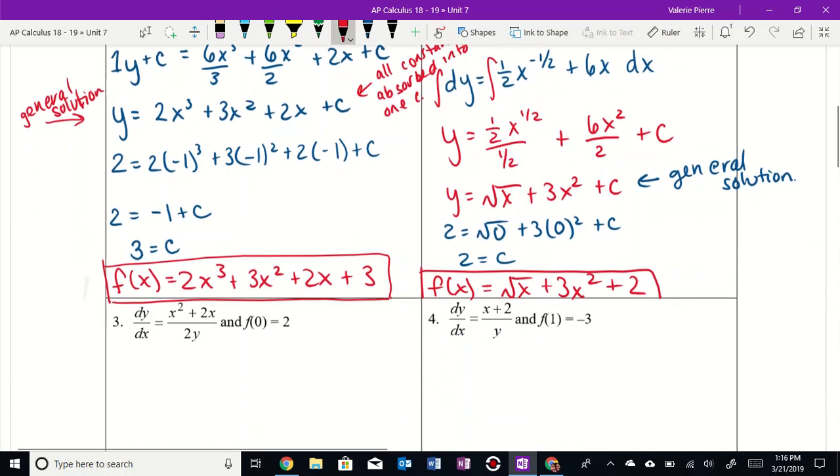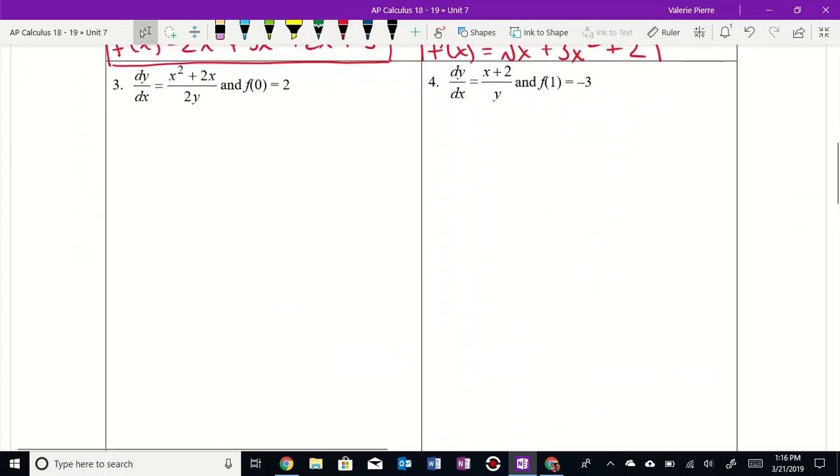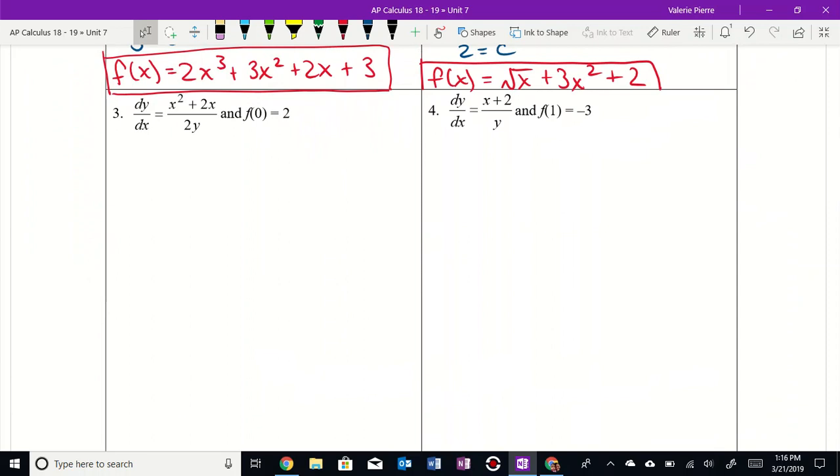Okay. For the next two problems, as we solve this, we're going to get to a point where we don't actually need a general solution before plugging in our initial conditions. For these problems, we have y in two places, and we have x in two places.